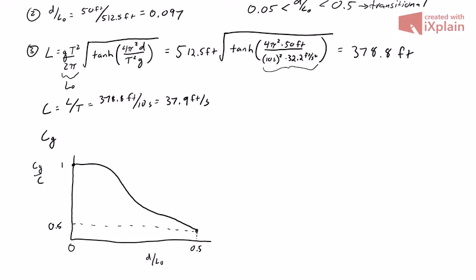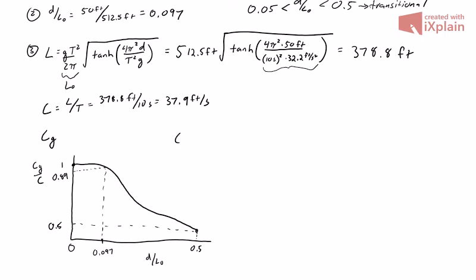So if we go to our graph, we calculated that our d divided by L naught was 0.097. So if we go to that point on the graph, read it up, read it across, again, not drawn very well to scale, you get a value of 0.89. All right, so what does that tell us?